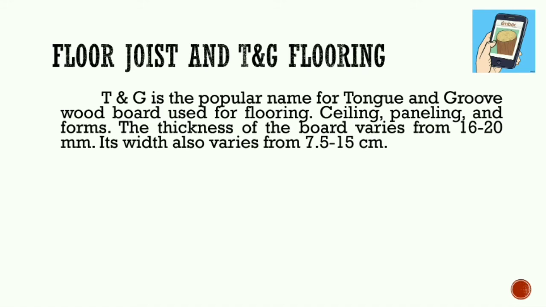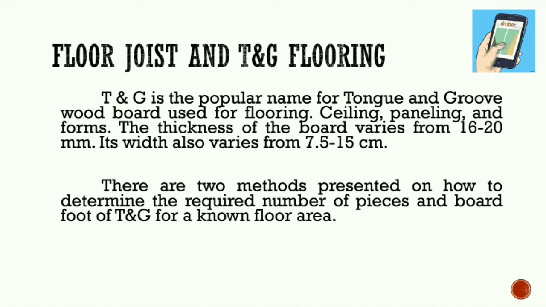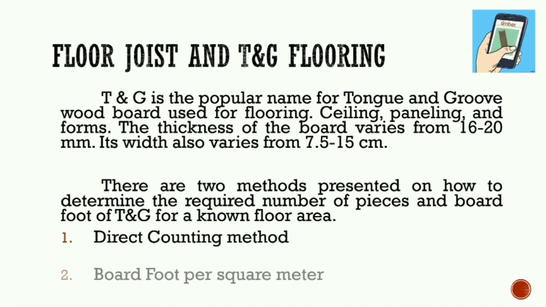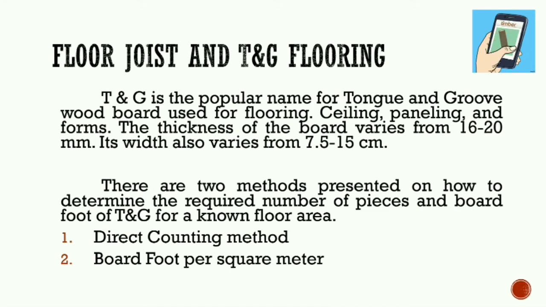Its thickness varies from 16 to 20 mm, and its width also varies from 7.5 to 15 centimeters. There are two methods presented in how to determine the required number of pieces and the board foot of TG for a known floor area. One is the direct counting method, and the other is the board foot per square meter.